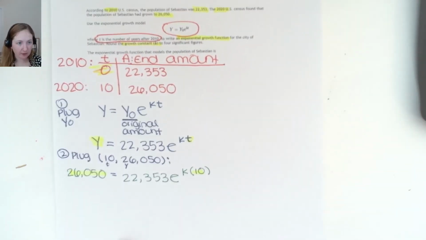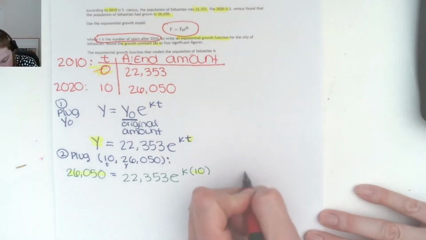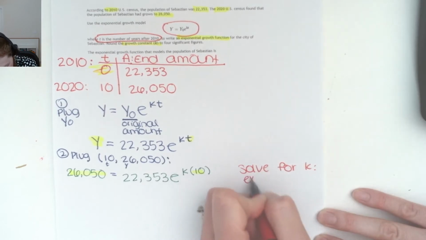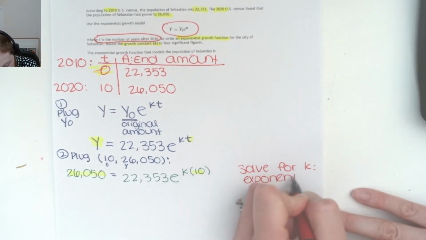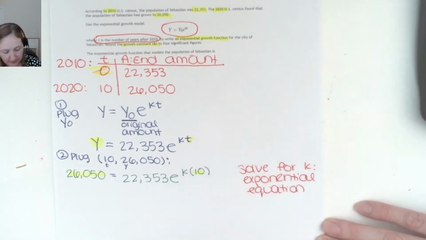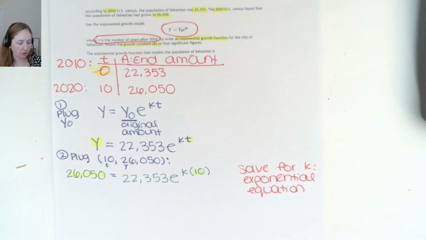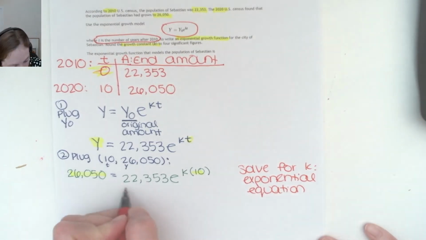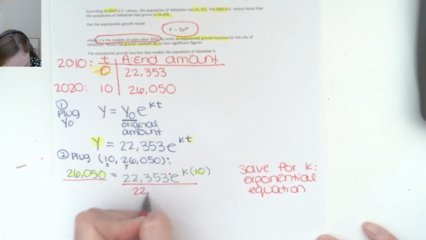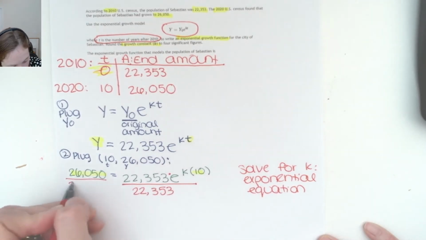Then from there, I can solve for K. Notice this is an exponential equation because your variable is in the exponent. So to solve for K, I'm going to undo PEMDAS. My first step is to divide both sides by the 22,353.